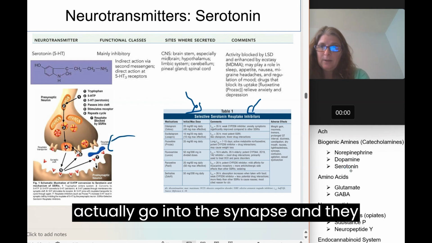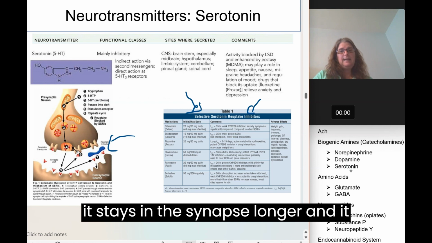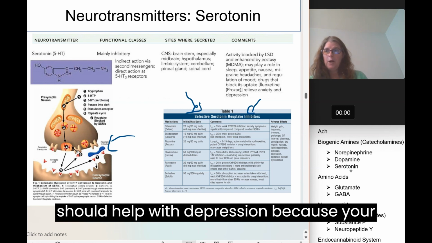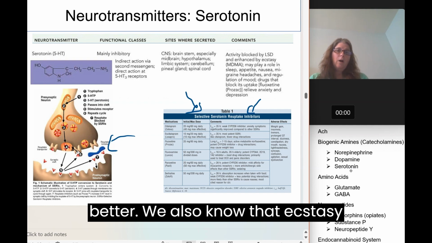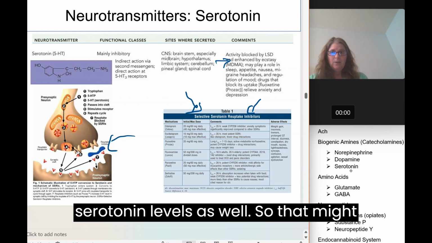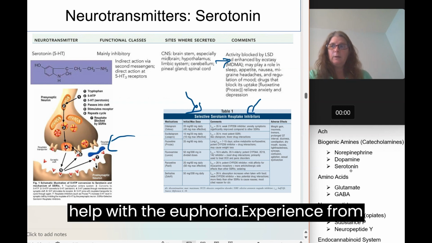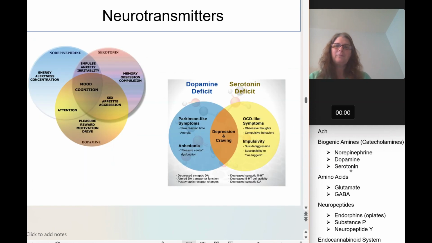They actually go into the synapse and they don't allow it to leave. So therefore, it stays in the synapse longer, and it should help with depression because your serotonin levels go up and you feel better. We also know that ecstasy, MDMA, also raises serotonin levels. So that might help with the euphoria experience from that medication, or I shouldn't say medication, that's an illegal drug.